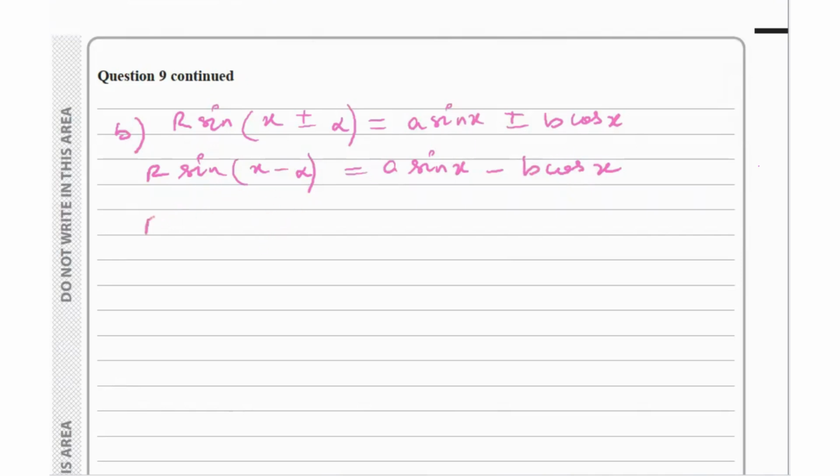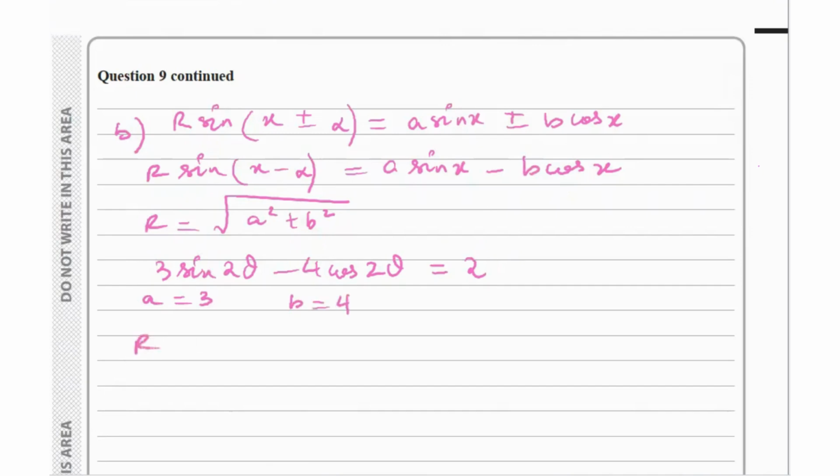R is the root of a square plus b square. Our equation is 3 sine 2 theta minus 4 cos 2 theta equals 2. So a is 3, b is 4. R is going to be 3 square plus 4 square, which gives us a value of 5.